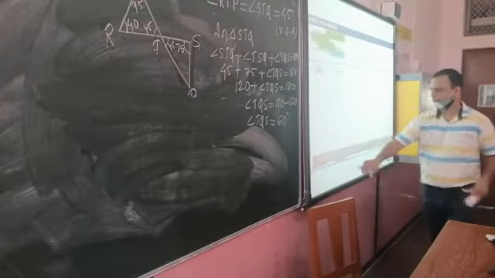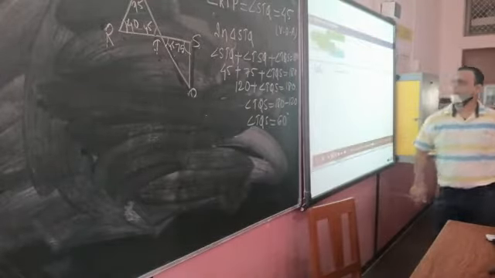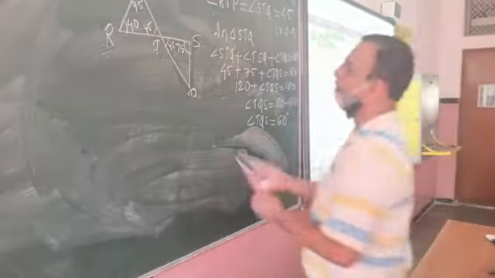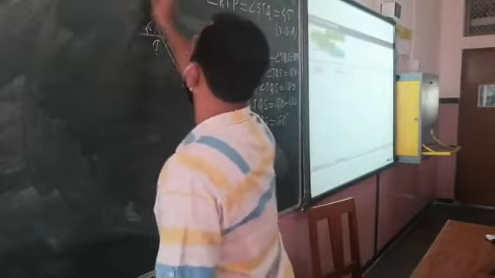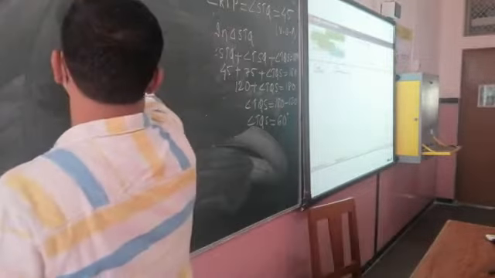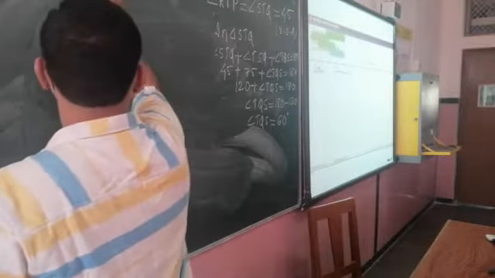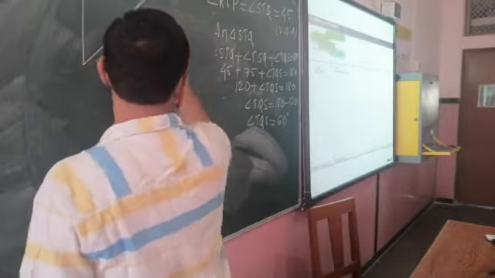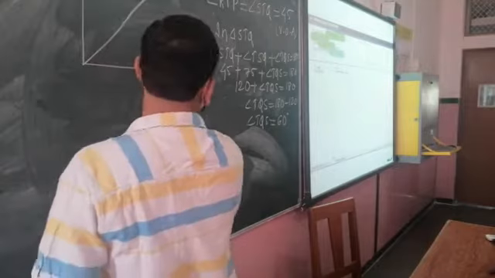Let us consider. Now next question. So in this question there is one confusion. This confusion is regarding the alternate angles. The rest of the question is very easy.